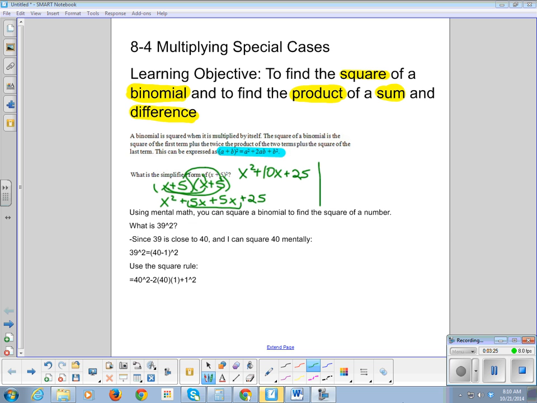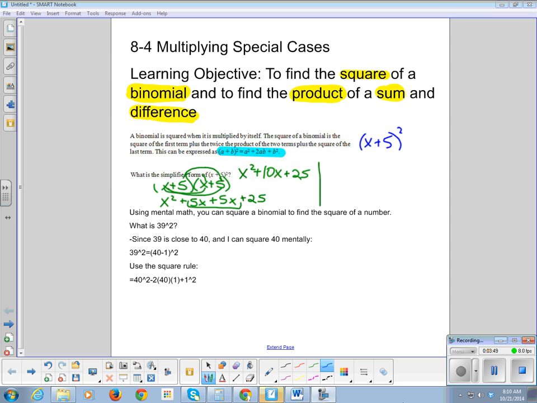Now the whole reason we are doing this section is supposedly to make your life easier. The only way that this is going to make your life easier is if we practice using the formula. So we start out with x plus 5 squared.